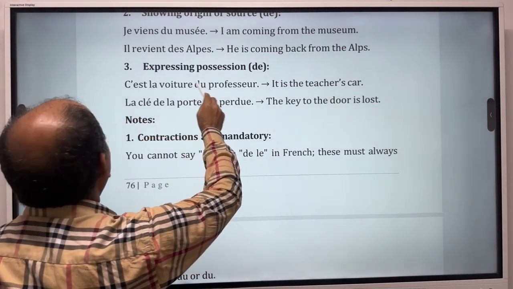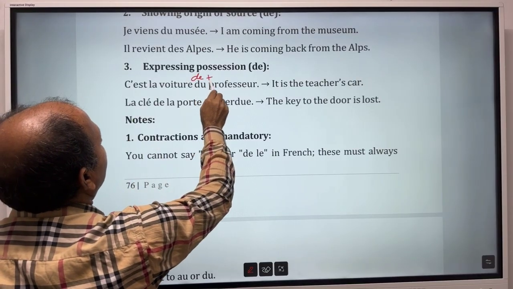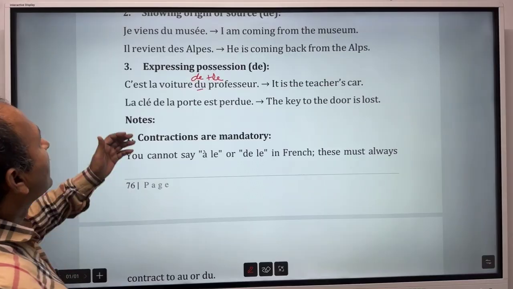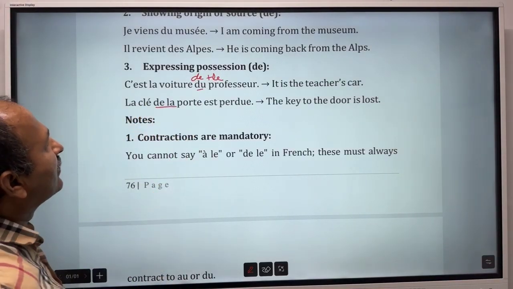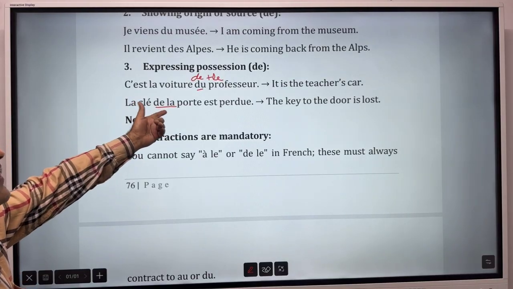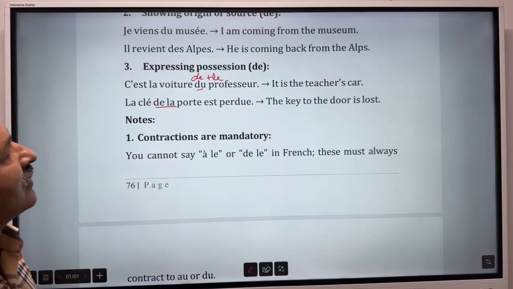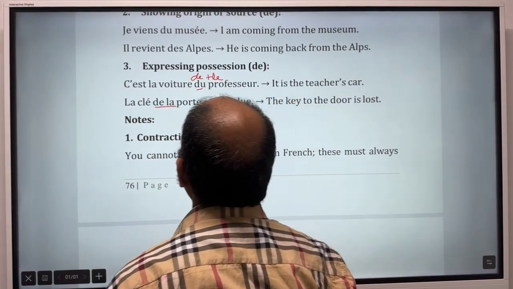Here again the same thing is happening. De plus le combines to form du. La clé de la porte. Porte is feminine singular. It takes article la. So when de is put before, it becomes de la. La clé de la porte est perdue. The key to the door is lost.